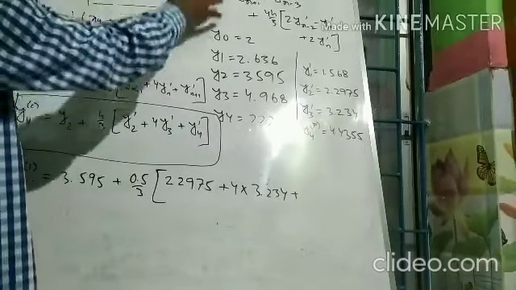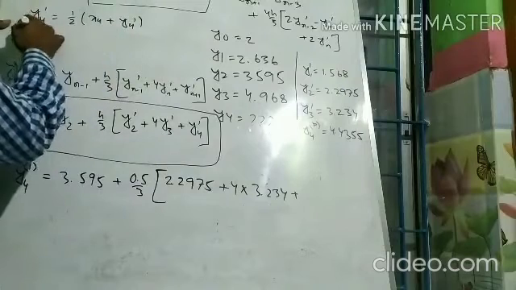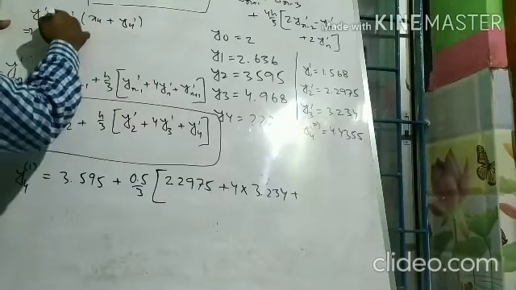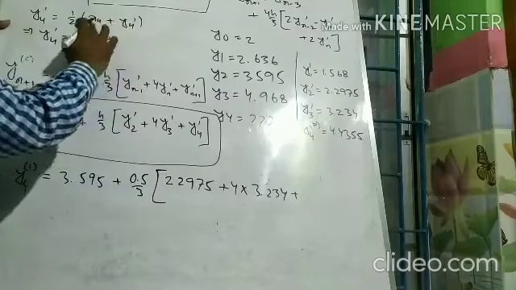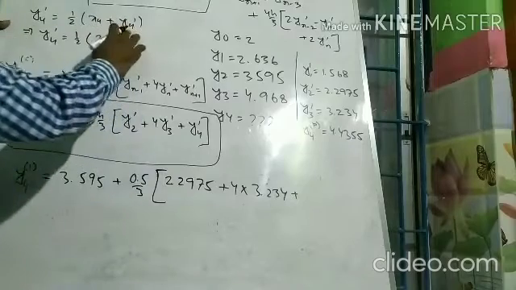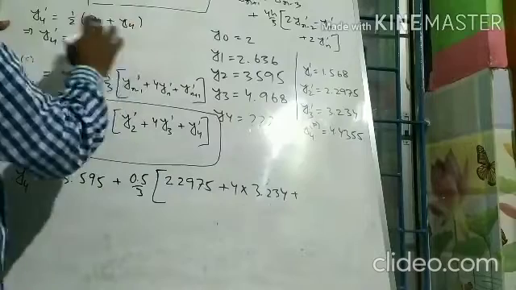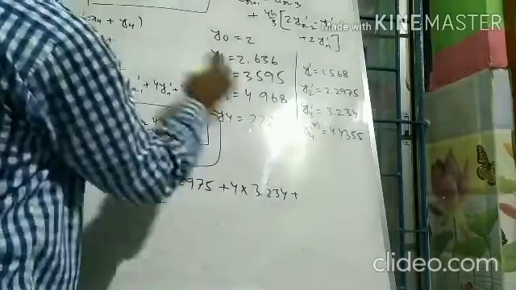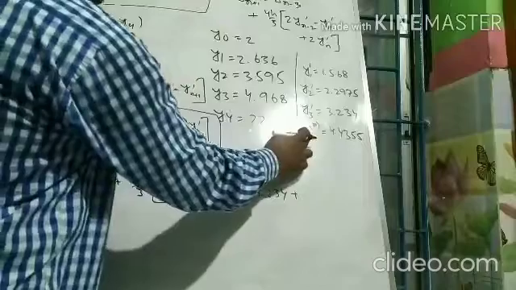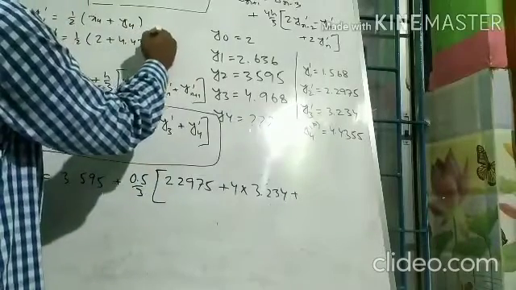From this differential equation, y4 prime is half x4 plus y4, where x4 is 2 and y4 is the predicted value of y4, that is 4.4355.